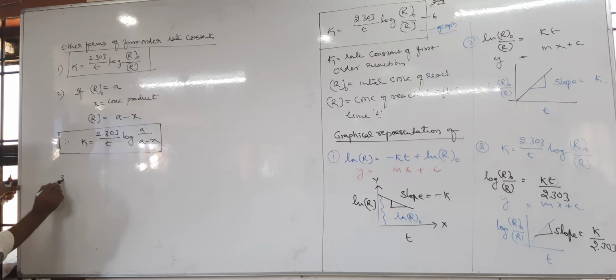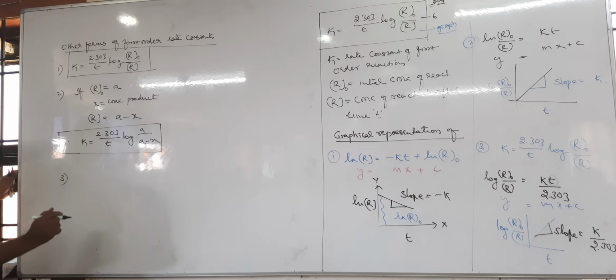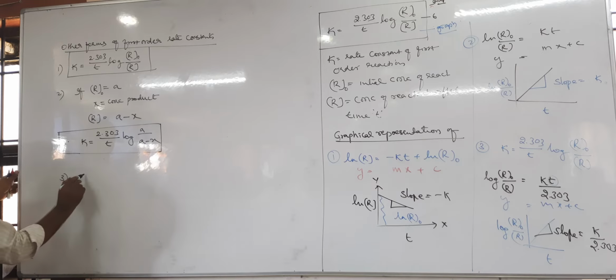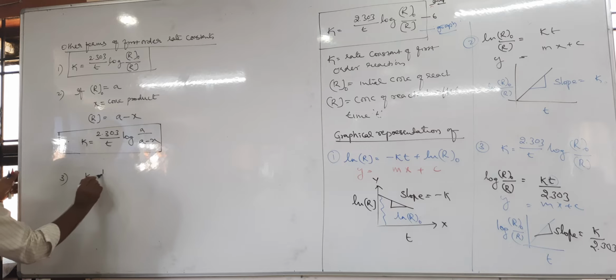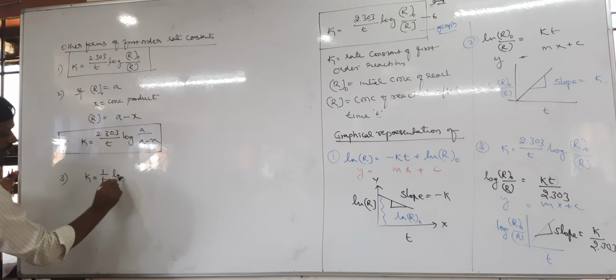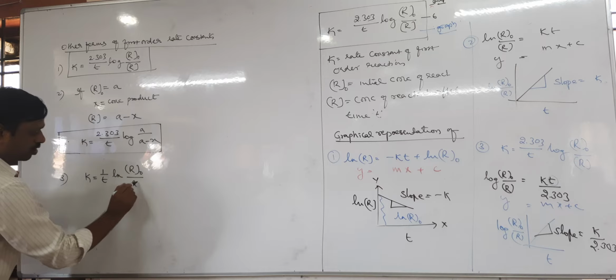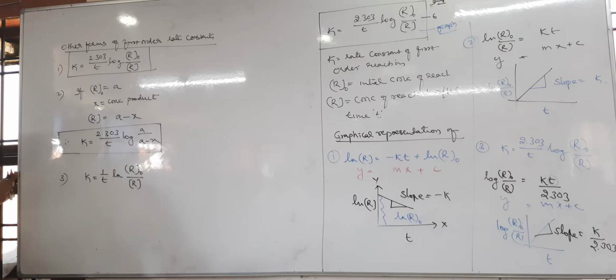Next, the third one. In the derivation of the equation we got k equal to 1 by t natural log of initial concentration of reactant by concentration of reactant after time t, right?